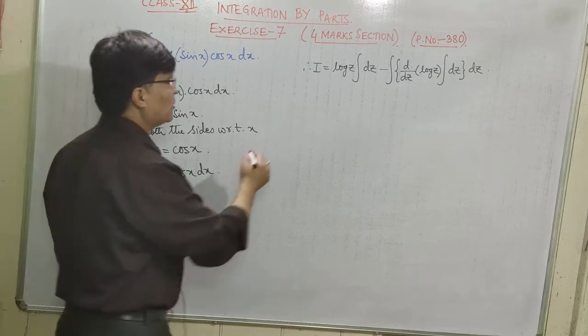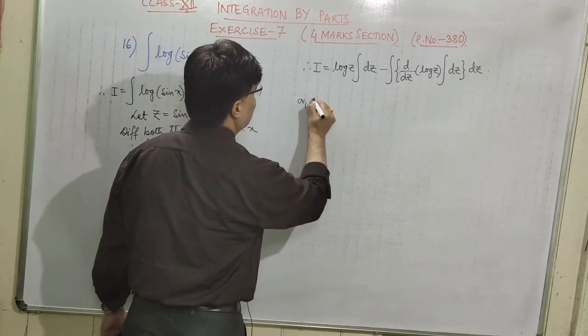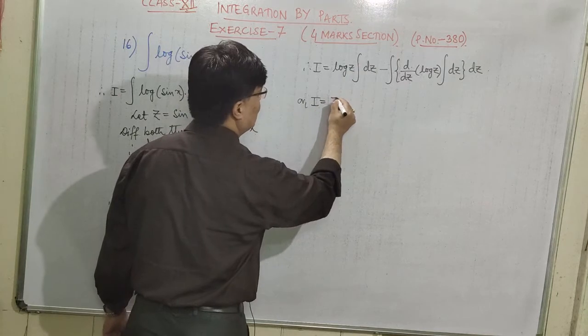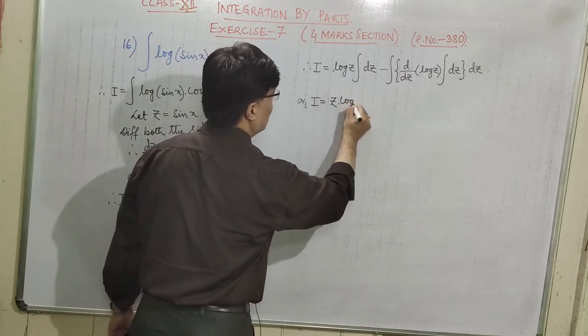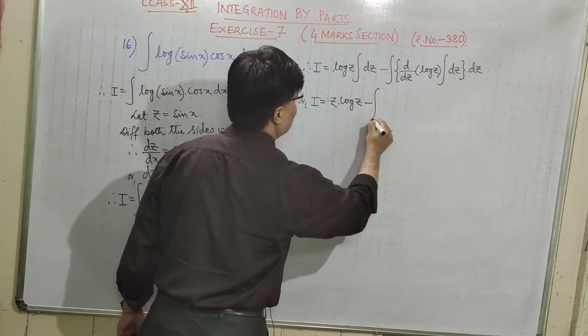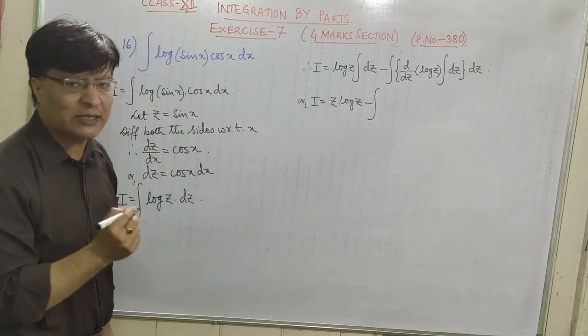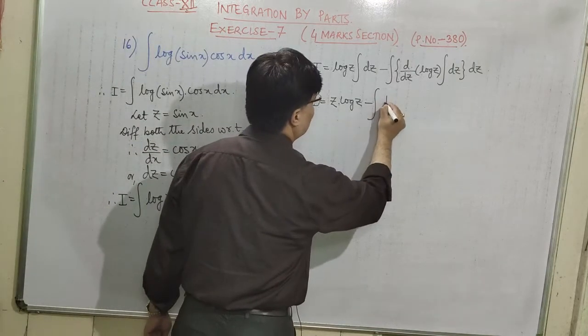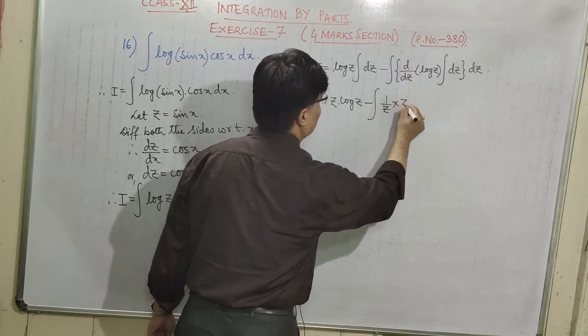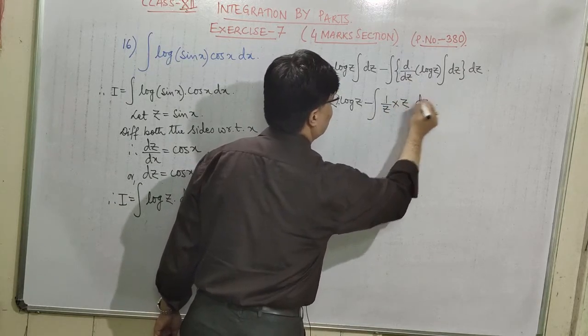So now next, what will you do? Let us integrate first. What is integral sign dz? z into log z minus integration of, what is d by dz of log z? It is 1 by z into, what is integral sign dz? z. Then you should write dz.